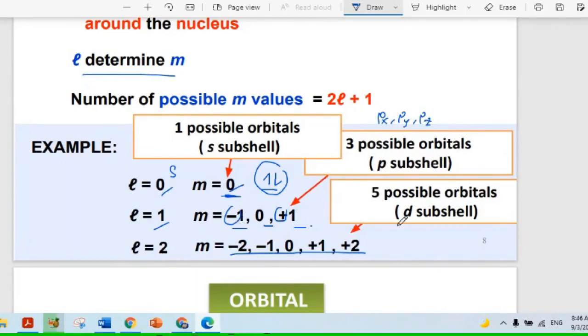For D orbital: dxy, dxz, dyz, dz square, dx square minus y square, so there are 5 possible orbitals. Each orbital can place 2 electrons. That's why maximum electrons for D is 10, for P is 6, for S is 2. Get the idea?